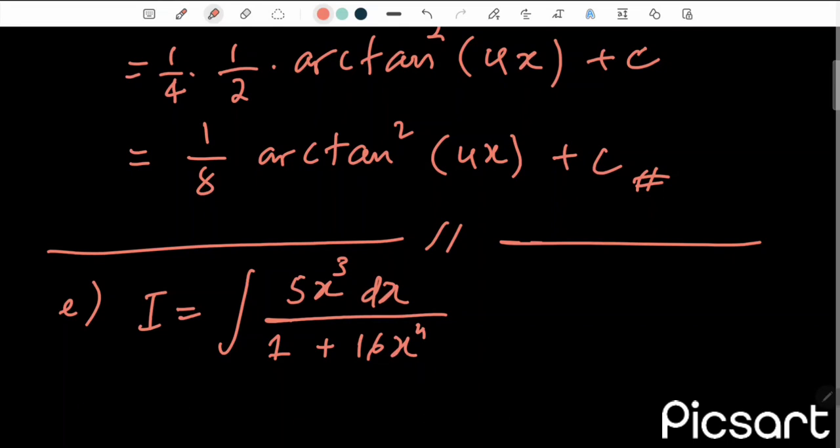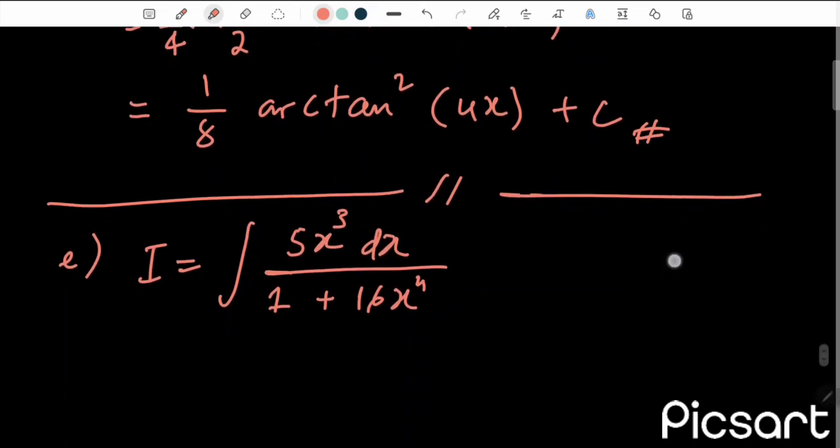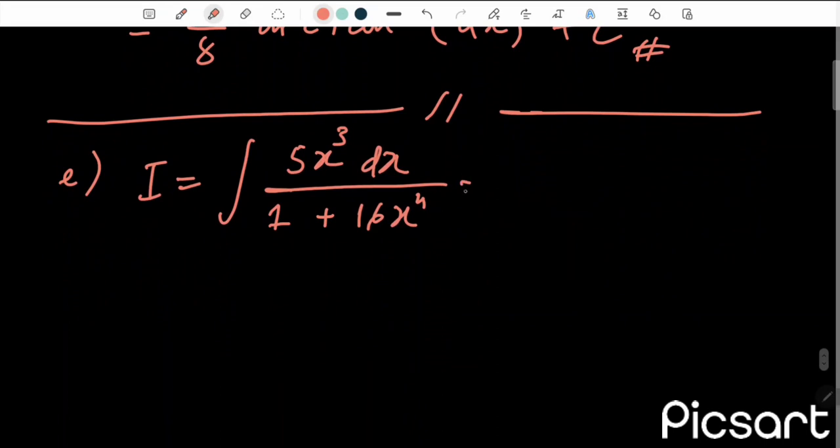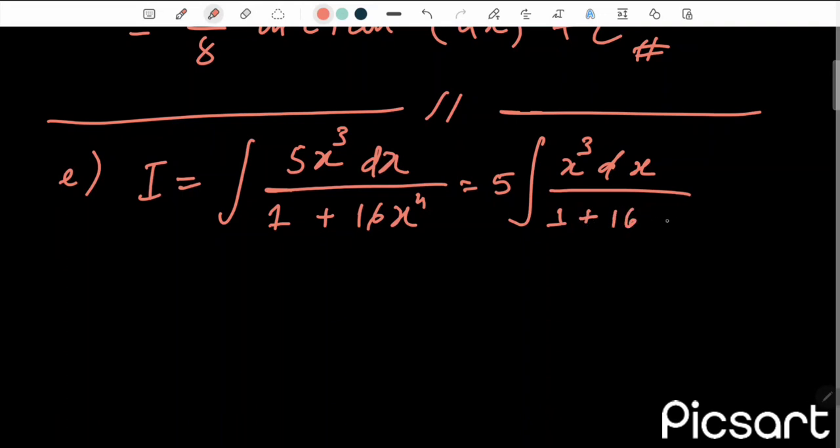Here, to solve this exercise, firstly we can take out 5 because it's a constant, and write our integral as 5 times the integral of x to the power 3 dx over 1 plus 16x to the power 4.